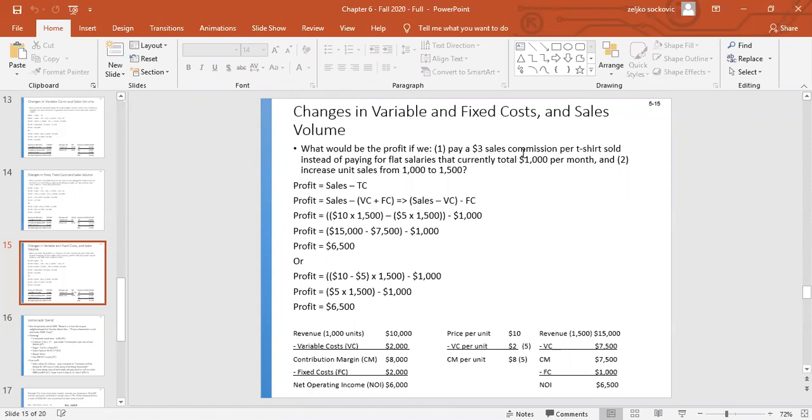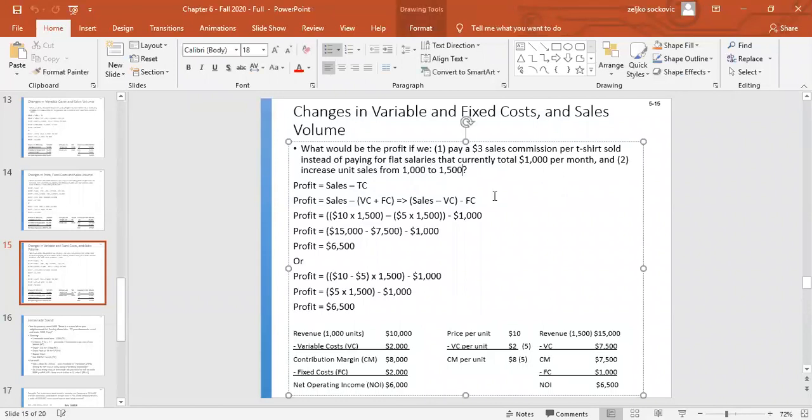You have to recognize what is fixed cost. Is this fixed cost or this? Most of the time you're told, or it's very clear, right? So you don't have to be guessing. But something that is not related with the units. If the units are increasing here from 1,000 to 1,500, that doesn't mean that these $1,000 are related to that increase. It says here flat salaries.